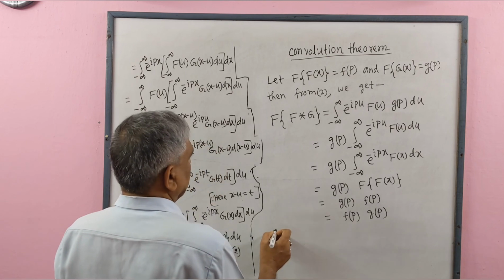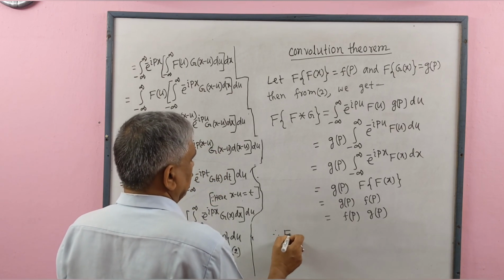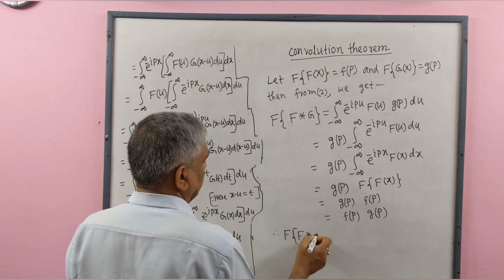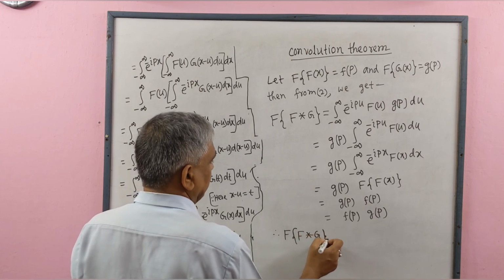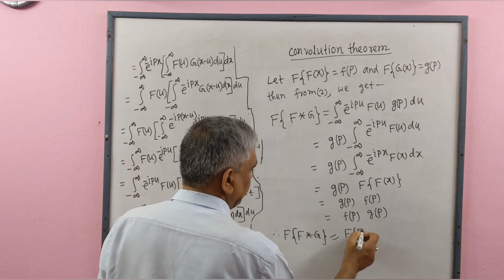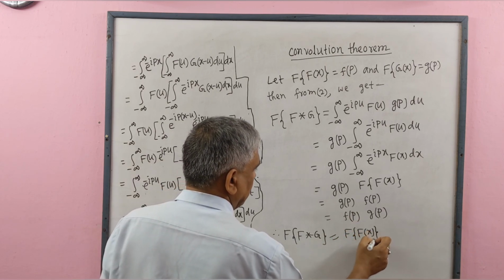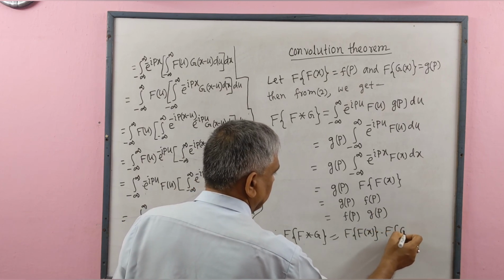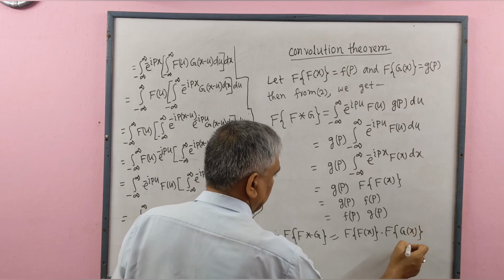Therefore, the Fourier transformation of the convolution of f(x) and g(x) equals the Fourier transformation of f(x) times the Fourier transformation of g(x). Proved.